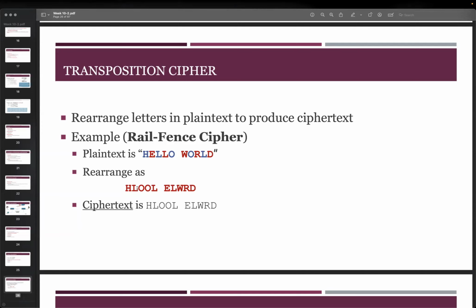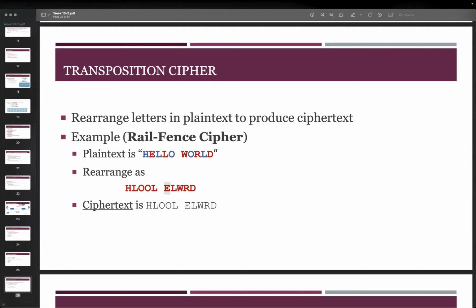You will see E changes to L, L changes to O, and O becomes L. They just move around. And for the row, E L W D R move to W E R, and then E L here.